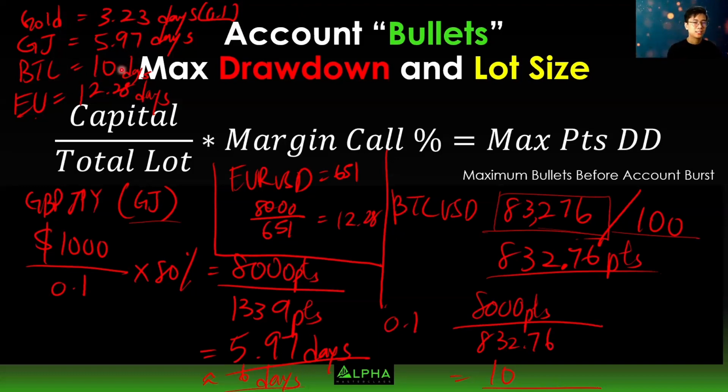So question, based on the current market, which market has the highest risk? Type into the chat box. Gold, correct. And which market has the lowest risk? Type it. Yes, EU.